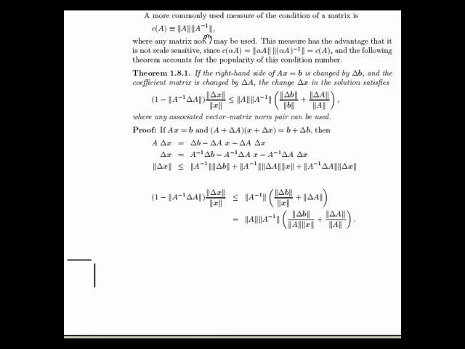The most common way of measuring ill-conditioning, though, is called the condition number, which is defined as the norm of A times the norm of A inverse.